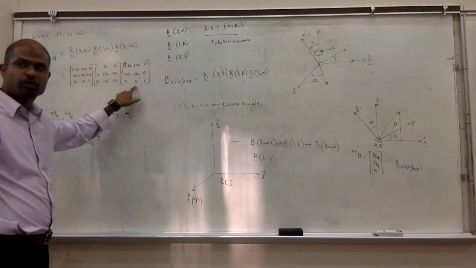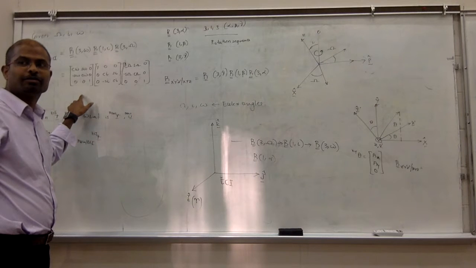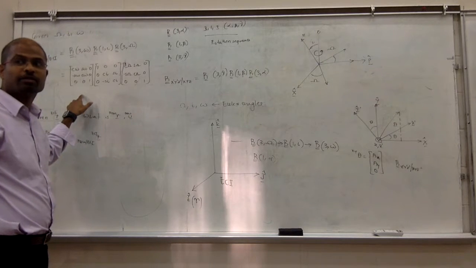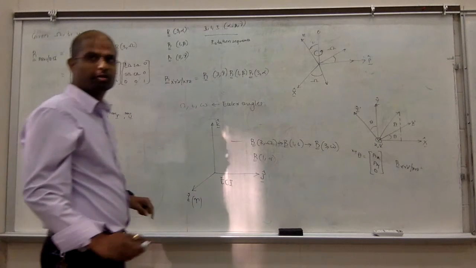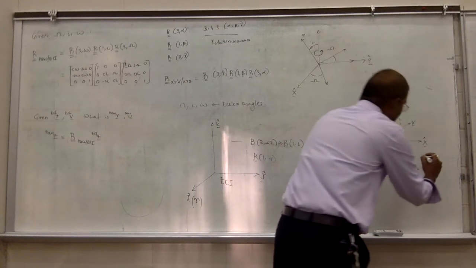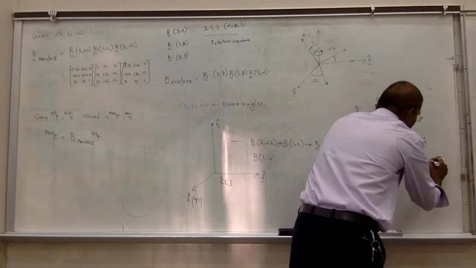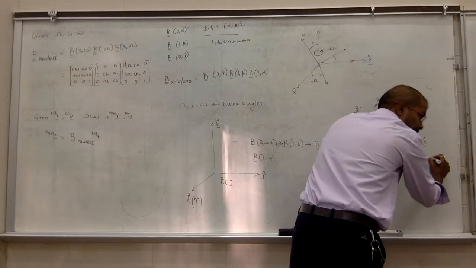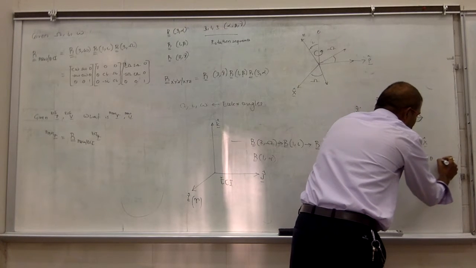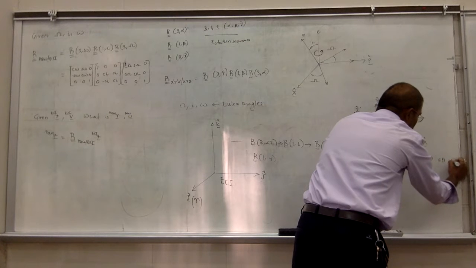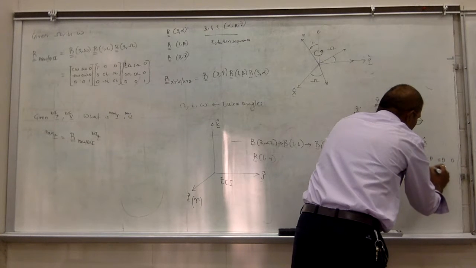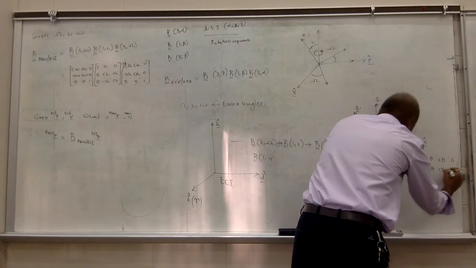So it will be cosine theta, sine theta, 0, negative sine theta, cosine theta, 0, 0, 0, 1.